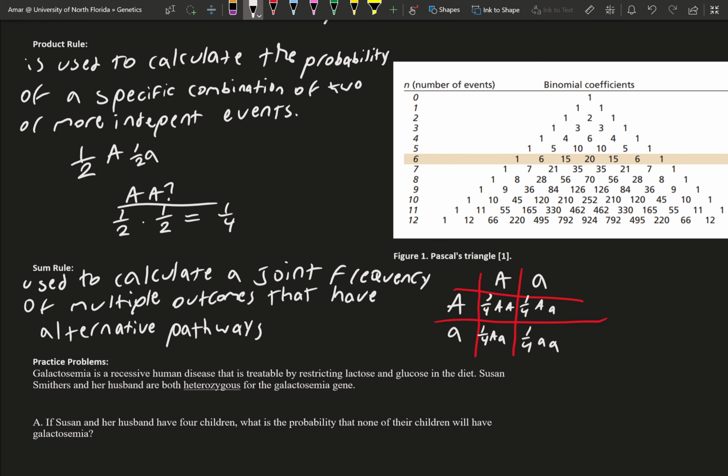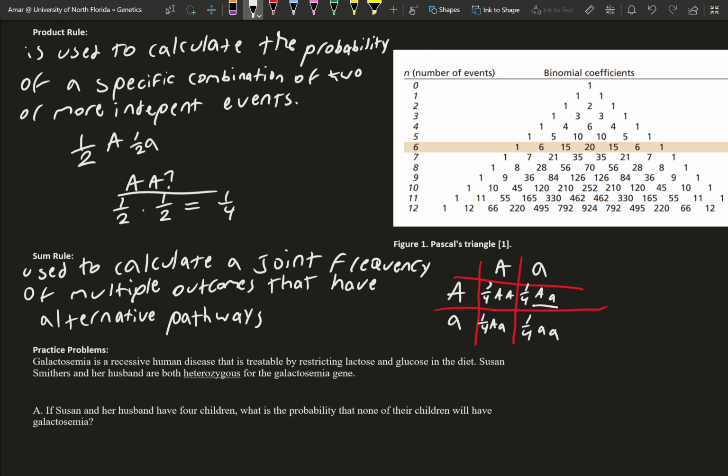The purpose of the sum rule is when you have two identical frequencies, such as big A, little a in this situation and big A, little a here, you would add them together to find the joint frequency, because there are two different pathways that make big A, little a.